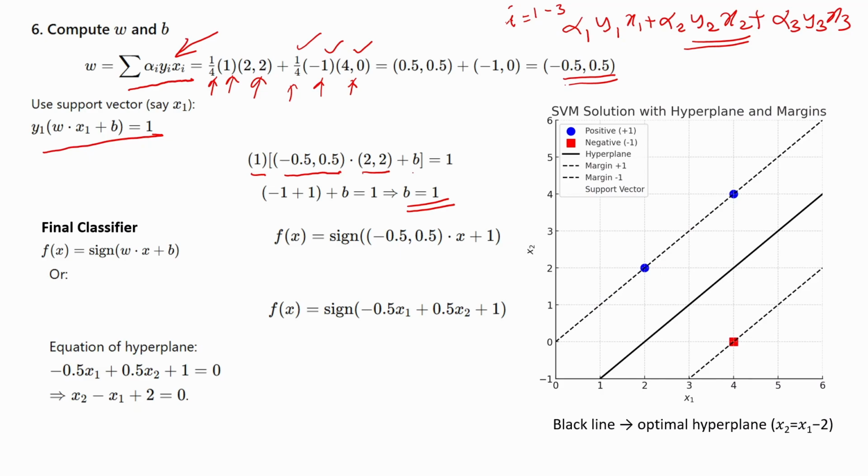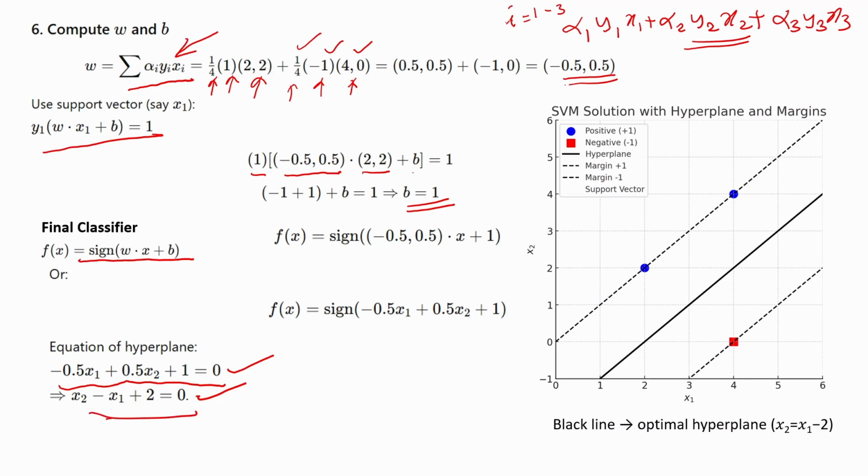The equation is now w into x plus b is equal to 0. So we are substituting that w and b. This is our equation, and when you are simplifying, you just remove the fraction by multiplying with 2. We are getting x2 minus x1 plus 2 is equal to 0.